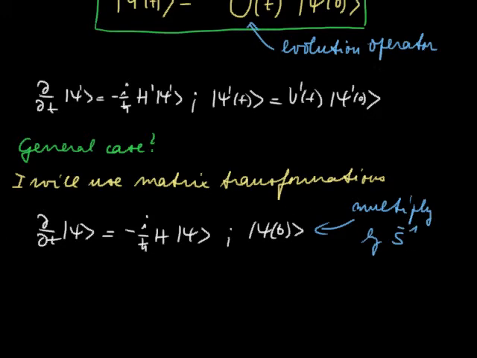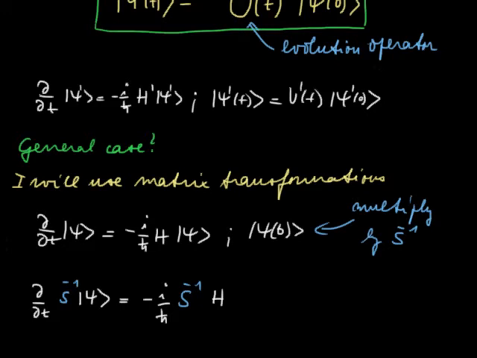In case of multiplication with S inverse, the equations look somewhat the same. So I multiply from the left like this. Here I would have the Hamiltonian again, but the equation is not an equation for psi, but for S to the power of minus 1 psi.